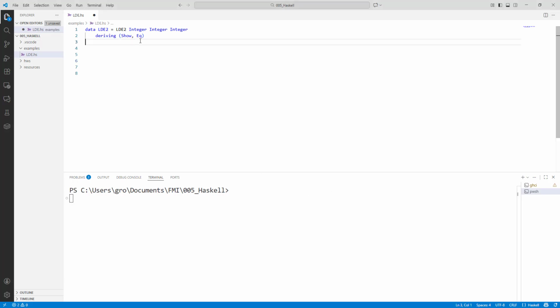Okay, so far so good. Let's save it and go to the Glasgow terminal, you can call it the GHCi terminal, and see how we can load our file. Pressing enter, pressing CLS, so we clean everything, and then we say GHCi.